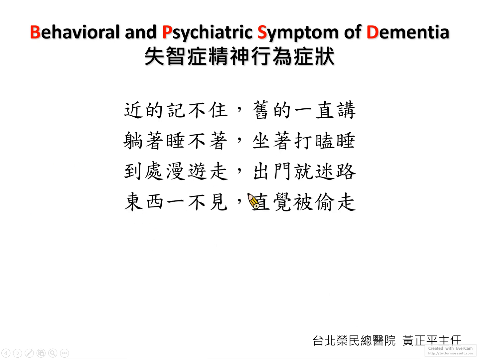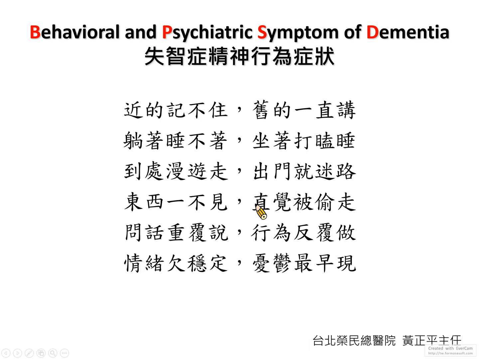And if something is missing, he feels suspicious that things are being stolen, and can have repetitive speech, repetitive behaviors and unstable emotions.